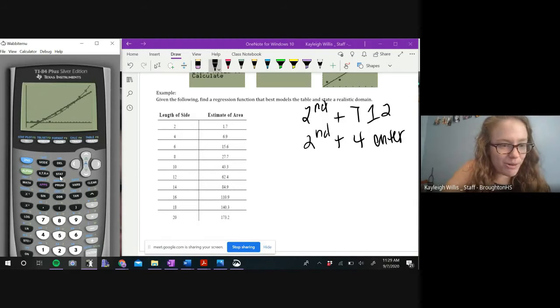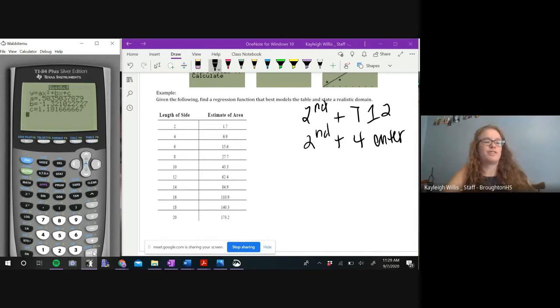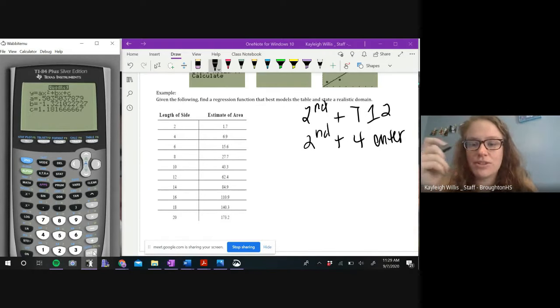So I'm going to go back. You can either scroll up to hit it again or do the stat feature. So this is the best fit line based on the two that we chose. So my answer says find the regression function that best models.